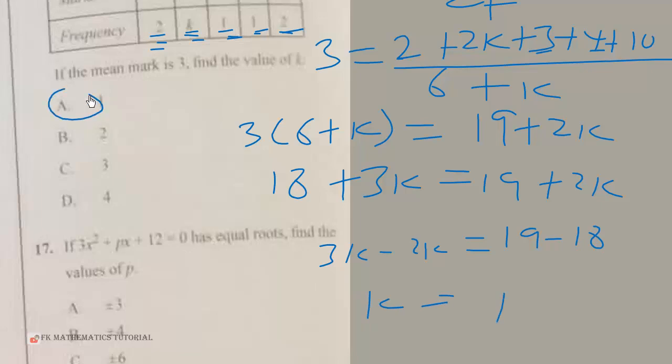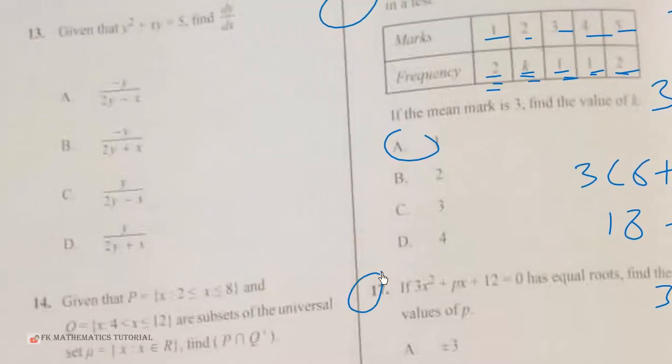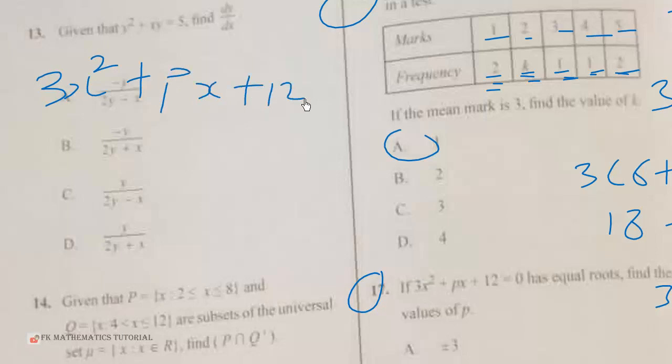Number 17: if 3x squared plus px plus 12 equals 0 has equal roots, find the values of p. So we have the equation 3x squared plus px plus 12 is equal to 0.